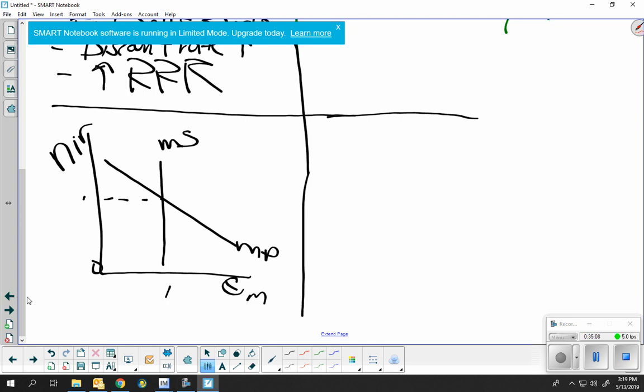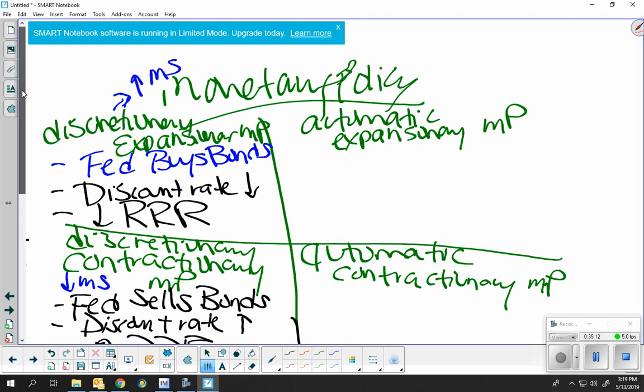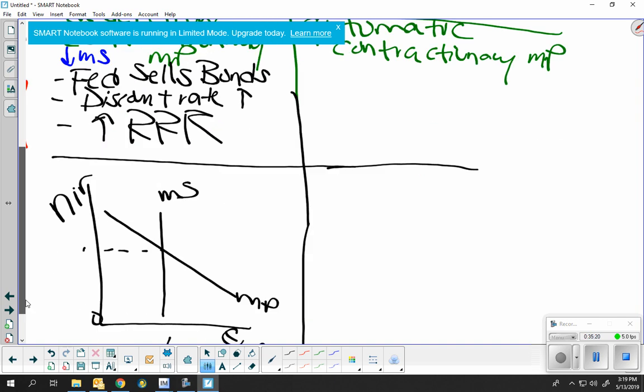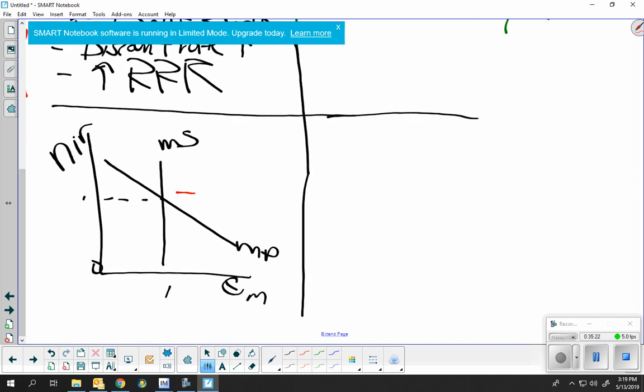Money supply is what shifts, we just said that. Increasing money supply is expansionary monetary policy. Decreasing is contractionary. So I am going to draw money supply 2 here, this is expansionary. And then I'm going to draw to the left money supply 3, and that's contractionary.